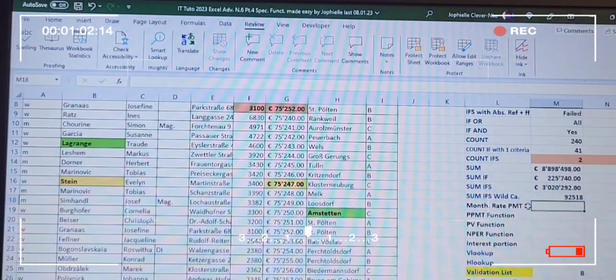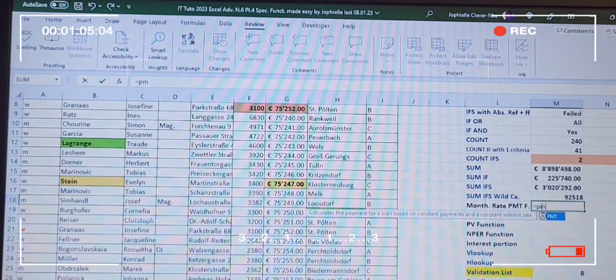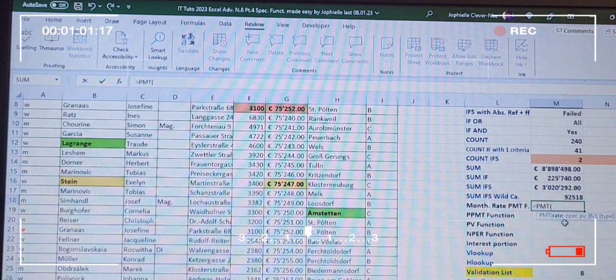Okay, we start with the monthly rate, the PMT function, the payment function. How do we do that? So you enter in equal, always equal to start the function, of course, everybody knows that. Okay, first they're going to ask us for a rate. So we are just going to insert some random values.